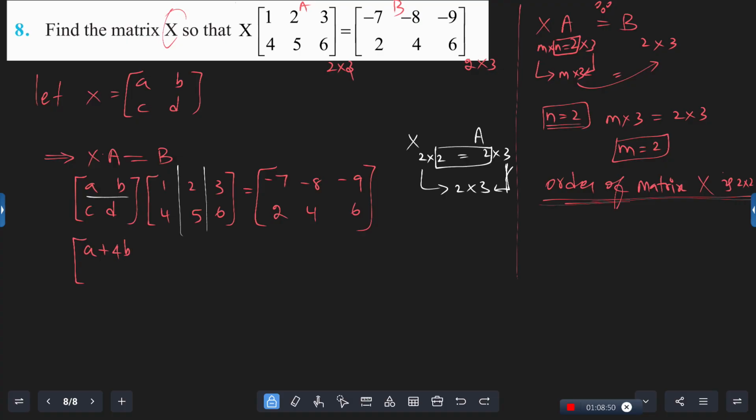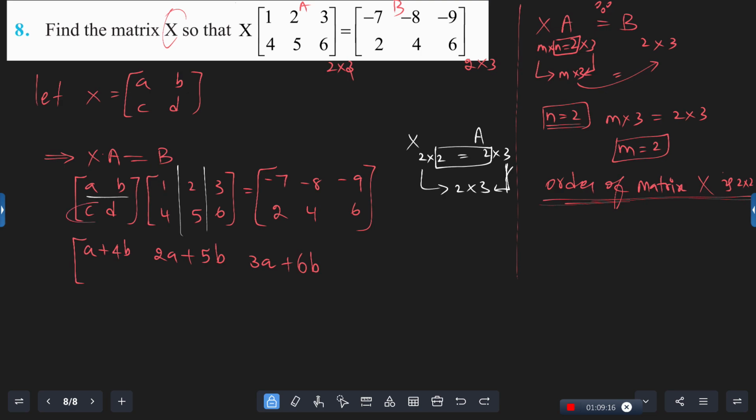Same row with the second column: 2 into a, 2a, plus b into 5, 5 times b. Same row with the third column: a into 3, 3a, plus b into 6, 6 times b.